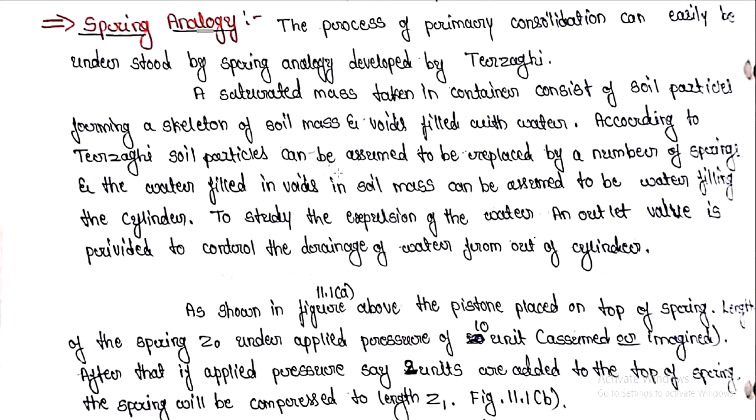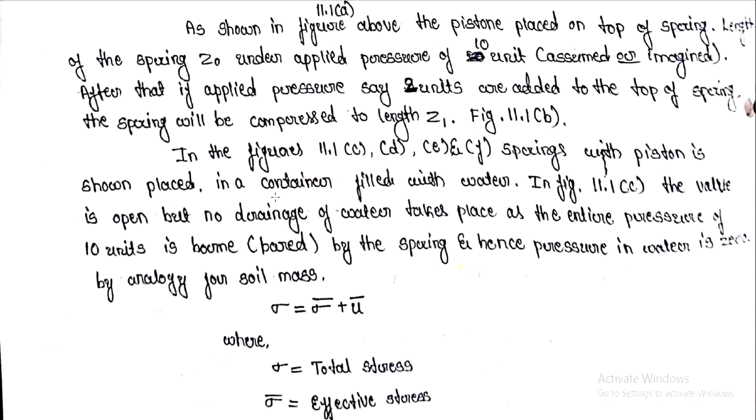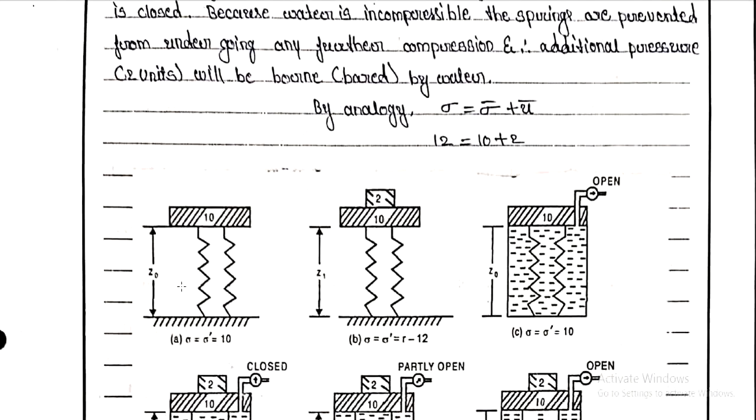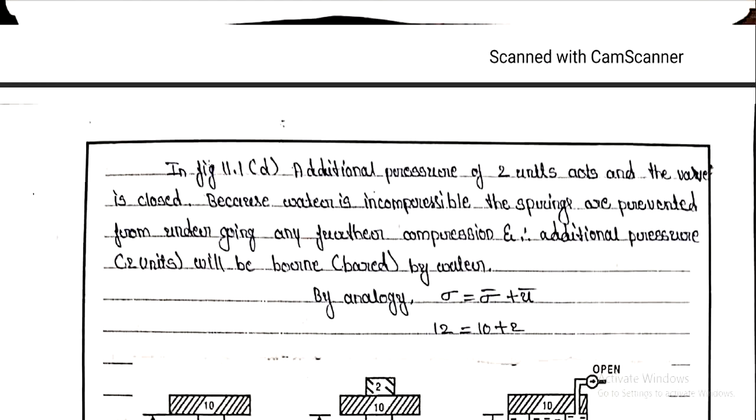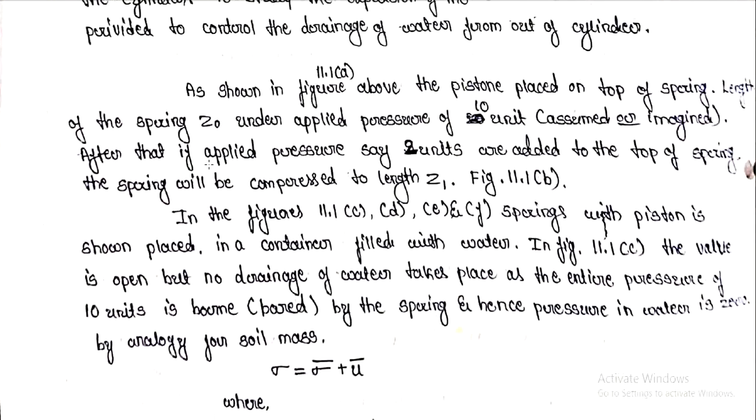According to Terzaghi, soil particles can be assumed to be replaced by a number of springs. So he has taken a closed chamber and attached a spring. He considers this spring as the soil mass, and the water he fills in is considered as the voids.